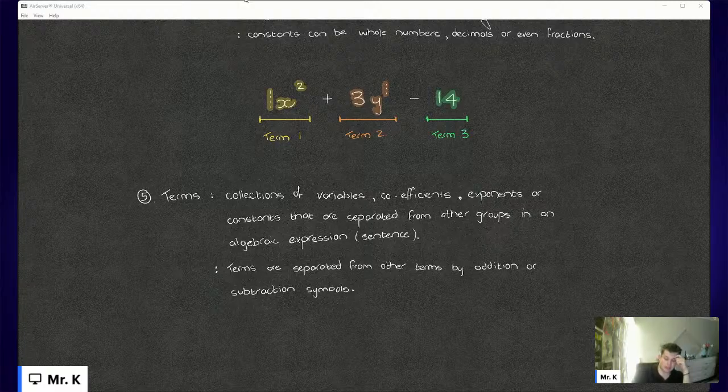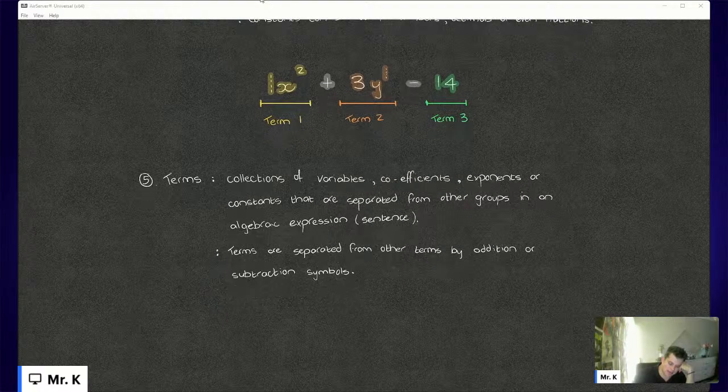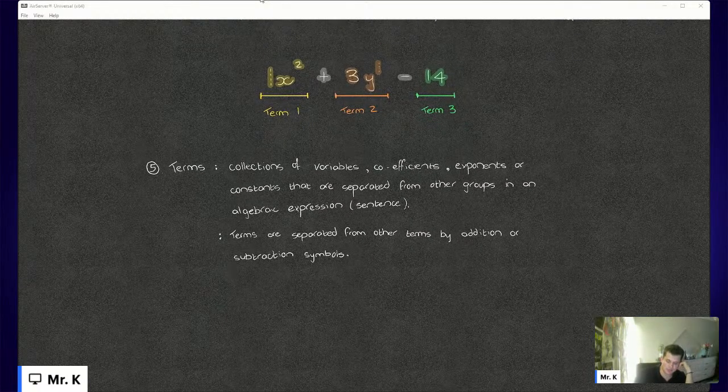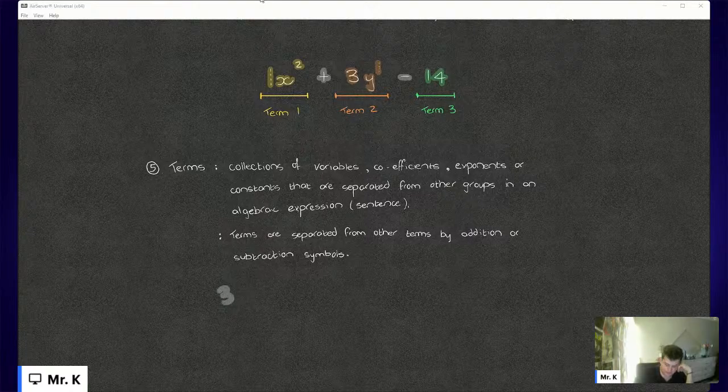Right. So, looking at the example that we have on the top of the screen at the moment, guys, we can see that we have a plus and a minus sign, which is helping us distinguish between the different terms that we have in this algebraic sentence, which we call an expression. So we really have to go about practicing how many terms we have in different expressions. And knowing that it's plus and minus signs that separates these terms makes it quite easy for us.